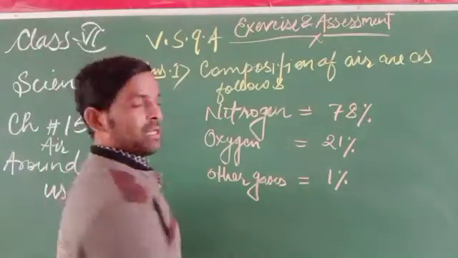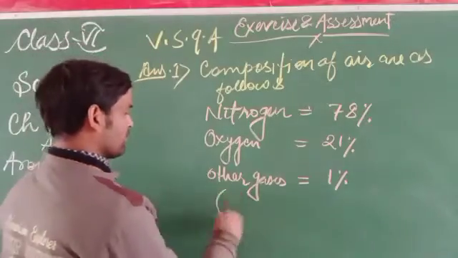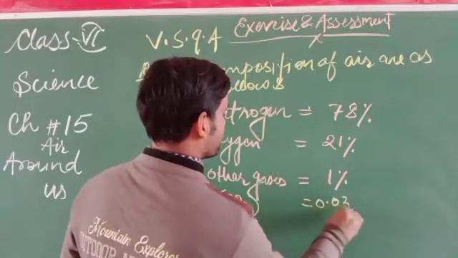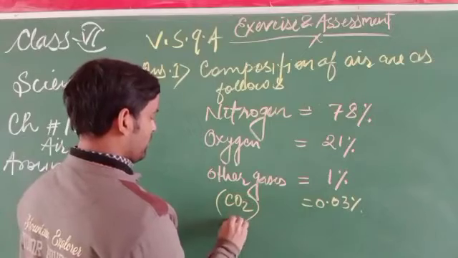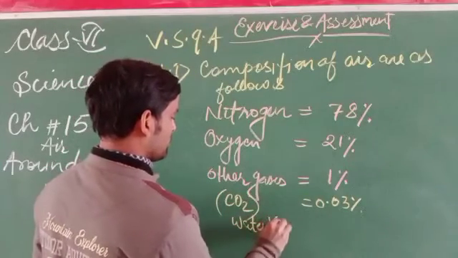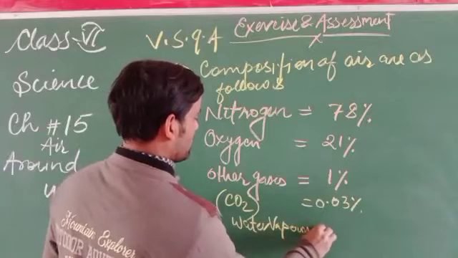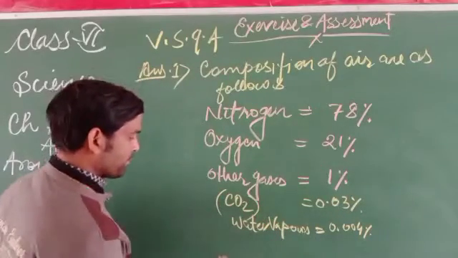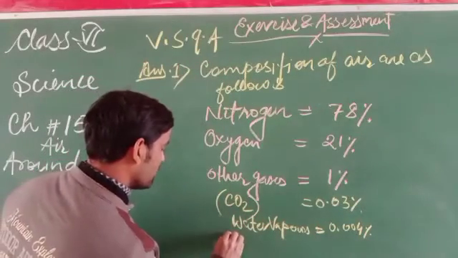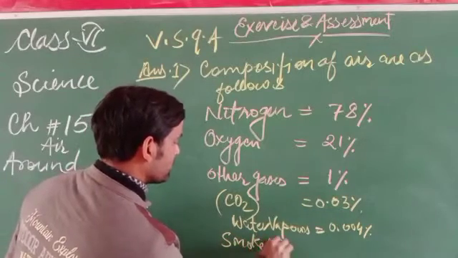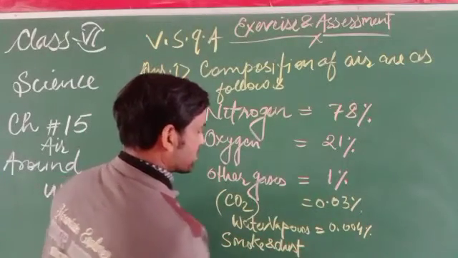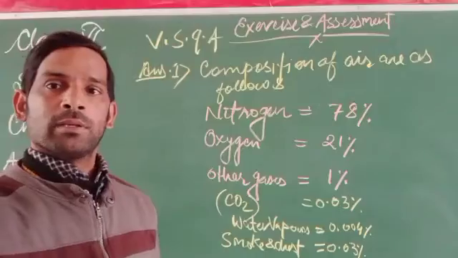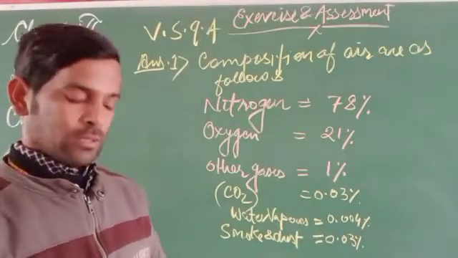So in that 1% there is carbon dioxide, which acquires 0.03%, water vapors acquire 0.04%, and smoke and dust acquire 0.03%. This is all about question number 1.